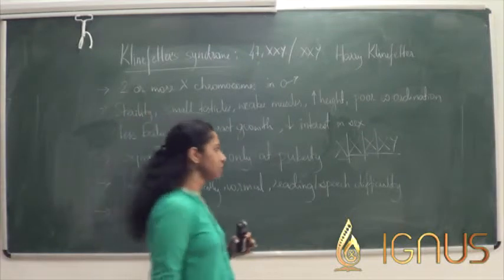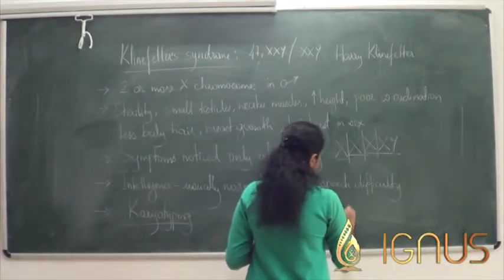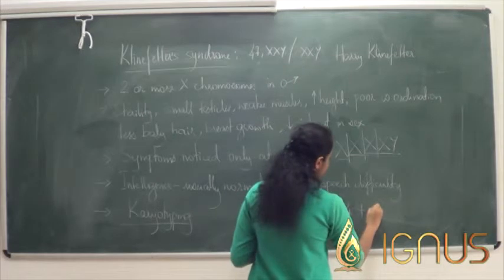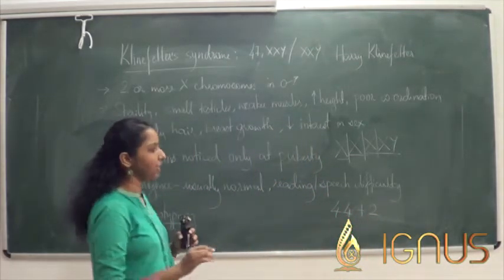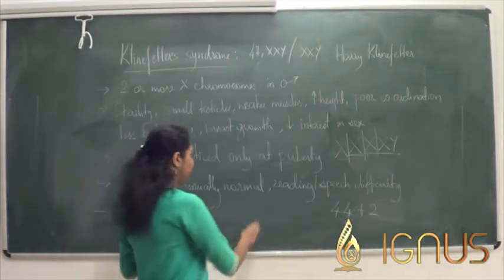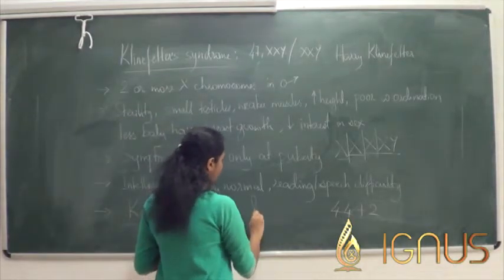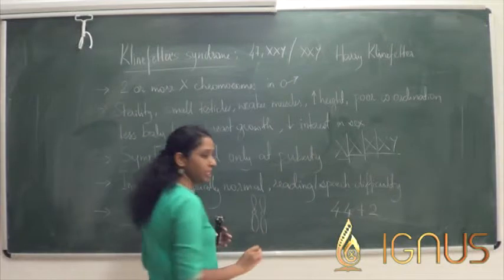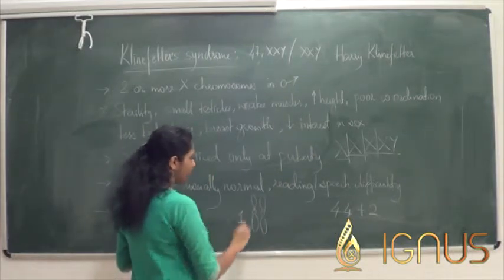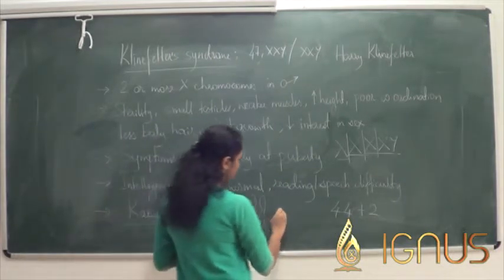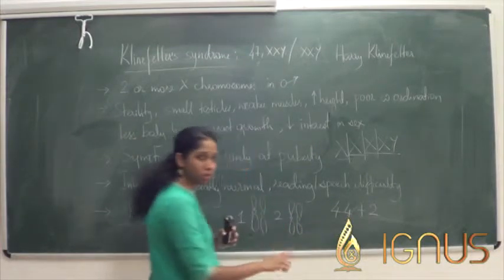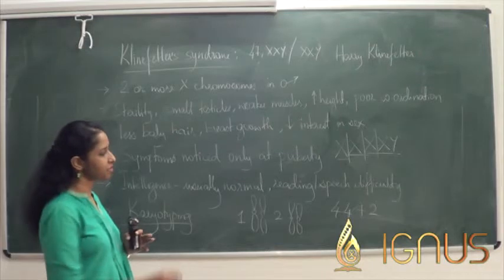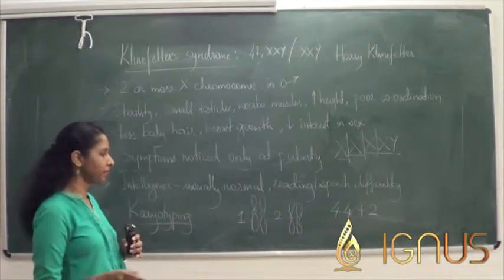So in humans you need to have 44 autosomes plus 2 allosomes. They are 22 pairs of chromosomes, meaning that you will have 2 of each. So chromosome 1 you will find 2, chromosome 2 you will find 2, and same goes until 22, and then you will have 1 X and 1 Y chromosome.